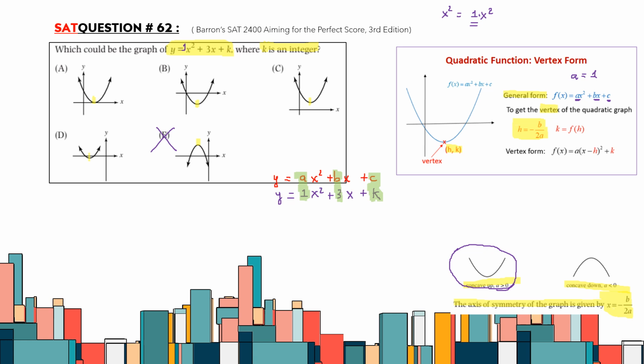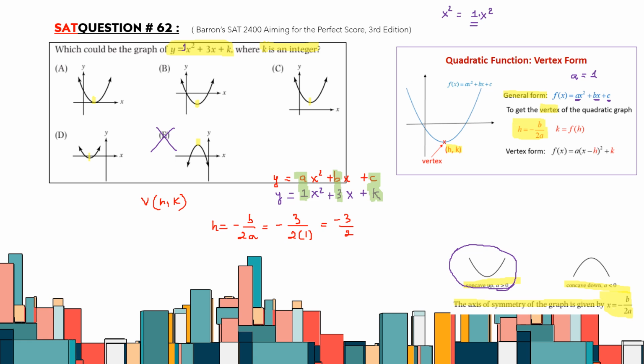Now we find the axis of symmetry by saying h equals, and the vertex will be h comma k. h will be minus b over 2a, which is minus 3 over 2 times 1. That is negative 3 over 2.